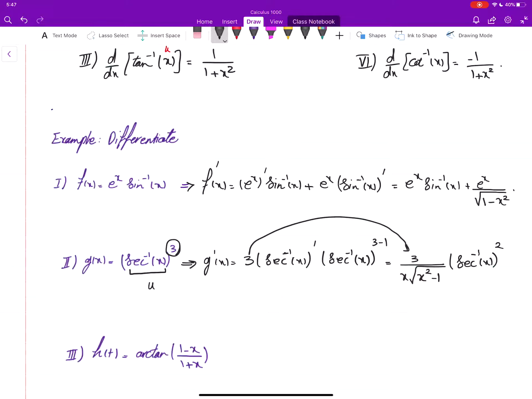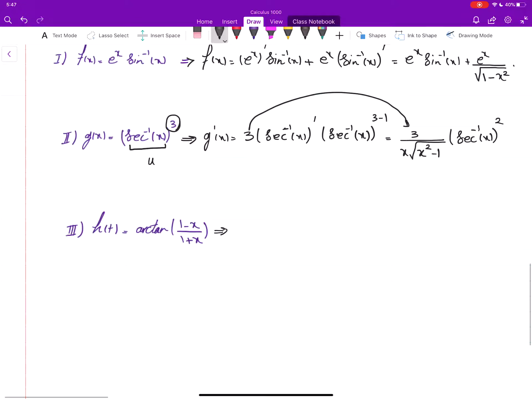And this one here, h prime, is arctan or tan inverse of something. Wait a minute, this needs to be x here. Yes, so we have h prime of x.